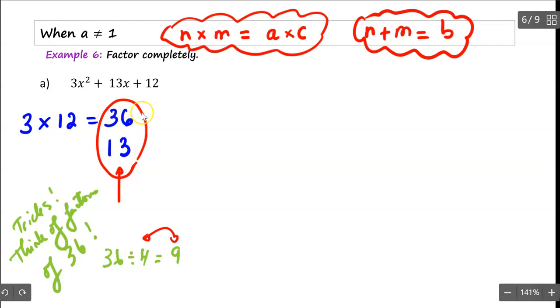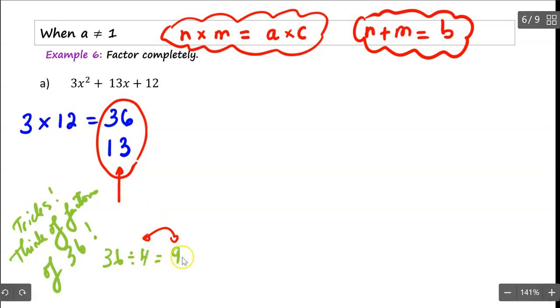So 36 is an even number and it's not a prime. So 36, you can play around with it by finding its factors. So let's say you can only think that 36 is an even number, you divide it by 2, so you get 18. Okay, so is 18 somehow related to your number 13? No. But now you continue on, you take 36, you divide it by 4, you get 9. And 9 and 4 are related to each other.